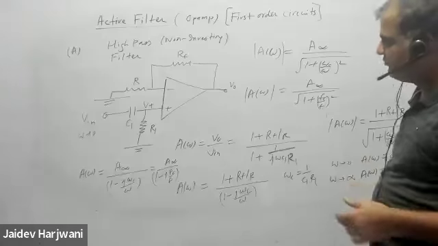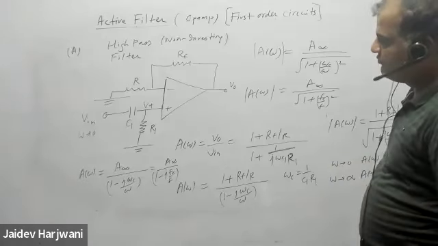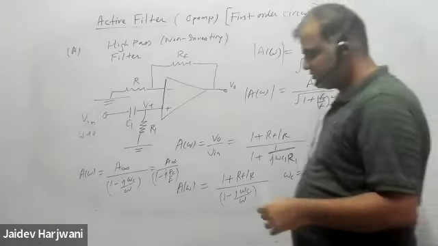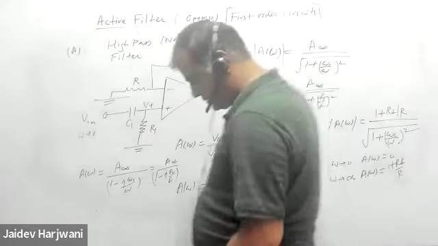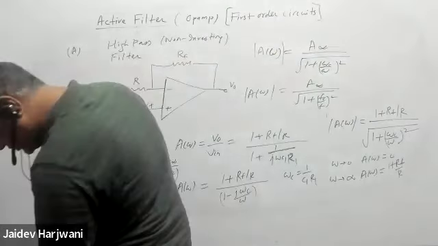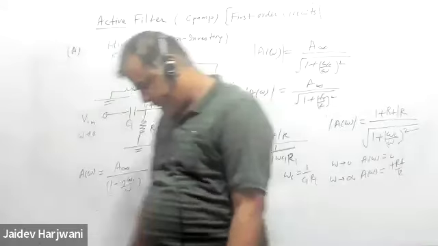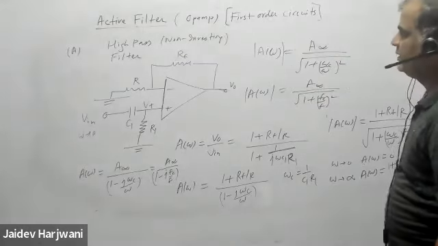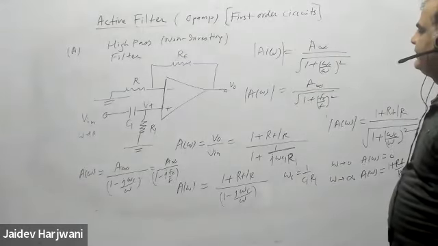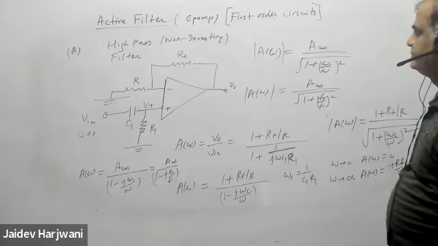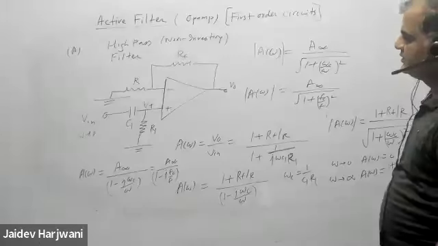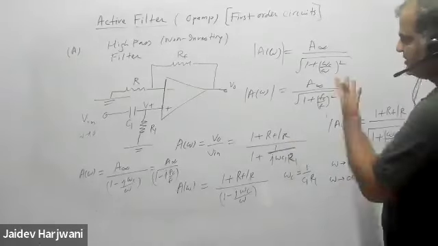So this is a non-inverting configuration. Now quickly, in 5 minutes, we'll do it in the inverting configuration also. So please do it. Then I will drop this one. Now the calculation you understand, it is very simple.